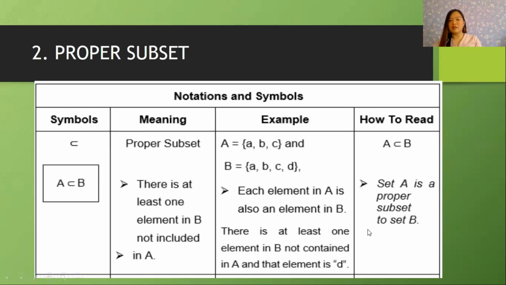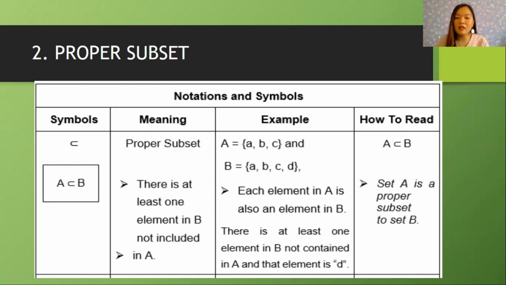Proper subset. So, when we say proper subset, in symbol, it is like a letter C with prolonged line at the top and bottom. It is called proper subset because there is at least one element in B not included in A. For example, this one.